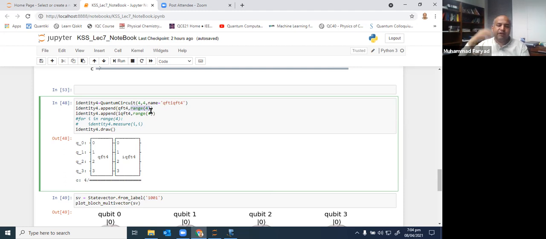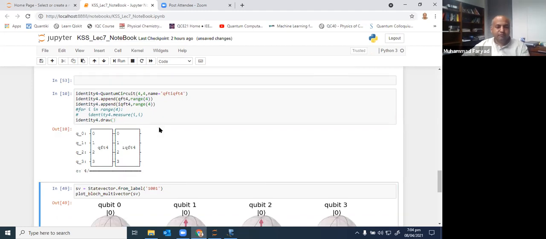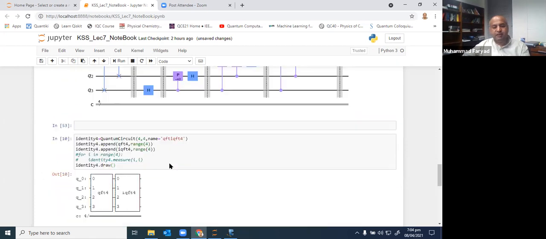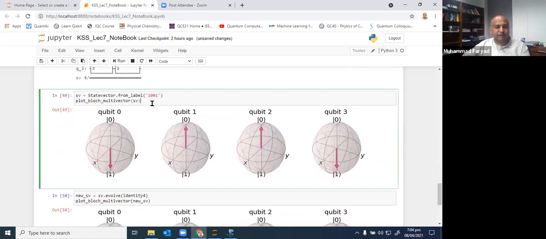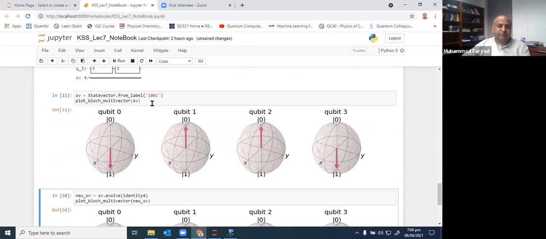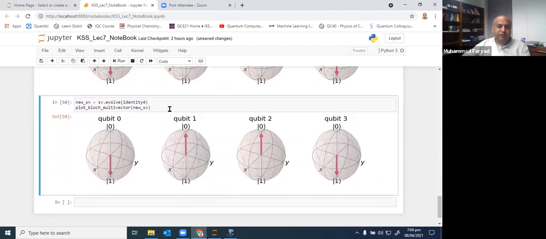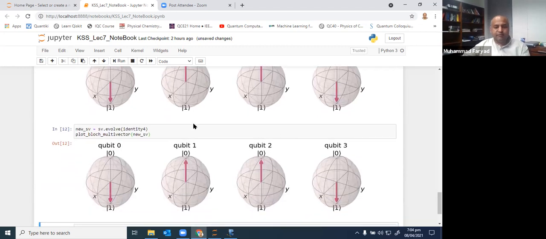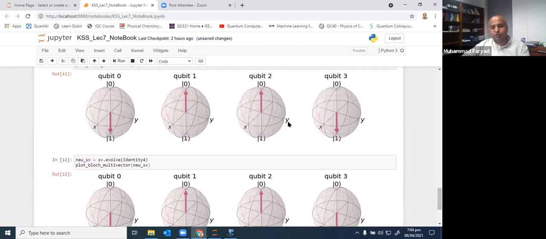I just want to append it from 0 to 3. So let's run it; this is just a check for myself that I have built this inverse circuit correctly or not. I start from state 1001 and evolve it under this identity circuit, identity 4, and you can see that the state is the same as over here.